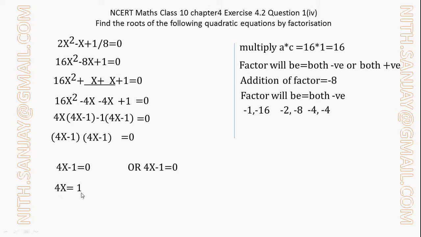So I will get 4x is equal to 1. Here also I will get 4x is equal to 1. Now I will divide both sides of this equation by 4. So I will get x is equal to 1 by 4, or x is equal to 1 by 4.